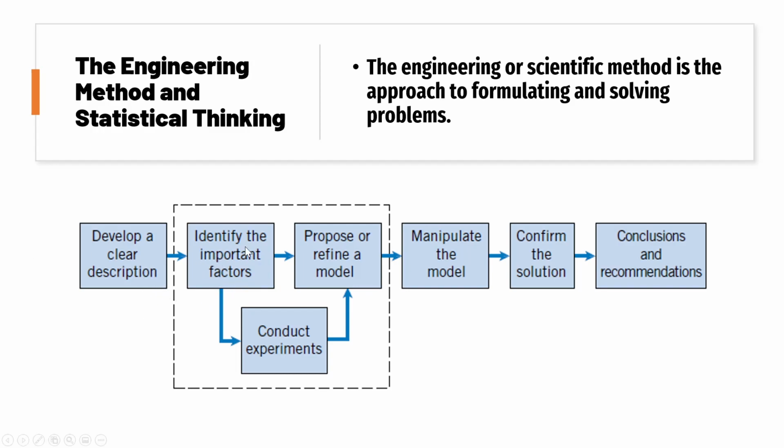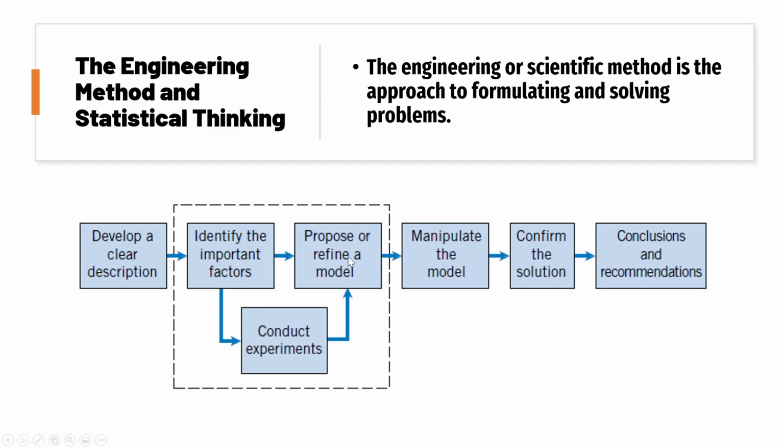So what are the factors that will affect your problem? Even if you cannot identify all, you have to identify a significant number of factors that will be affecting our problem and how it will affect our solutions.